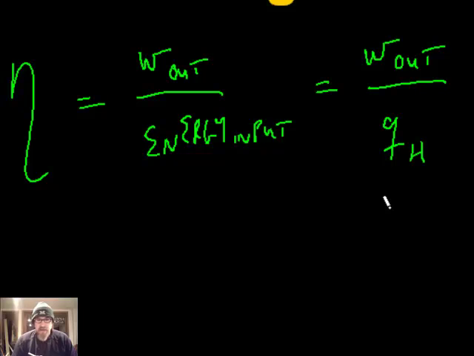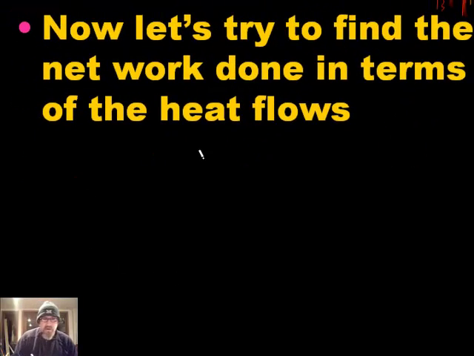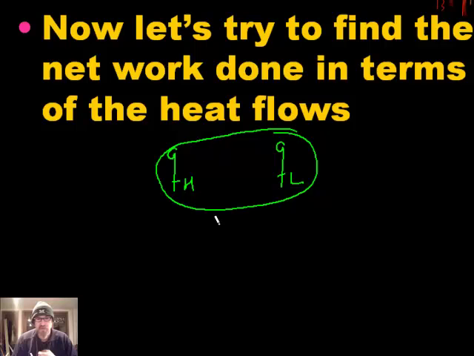So if we could figure this out for the Carnot engine, we would have the maximum efficiency. Let's think about this in terms of the heat flows that are present in our theoretical engine. Remember, from the heat source we have Q hot, and to the heat sink we have Q low. Let's see if we can find out some relationship that will give us efficiency in terms of the hot and low energy flows through heat.